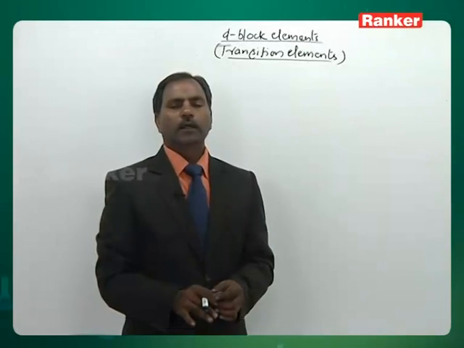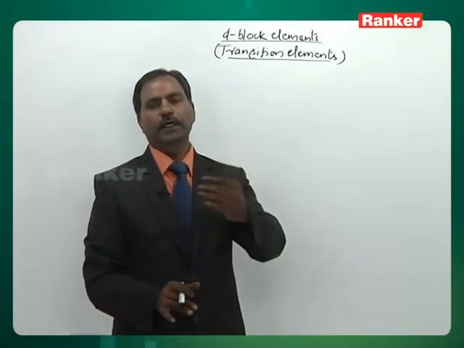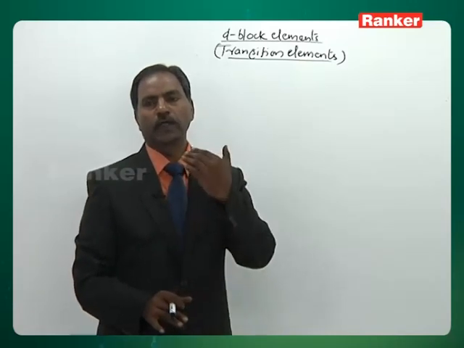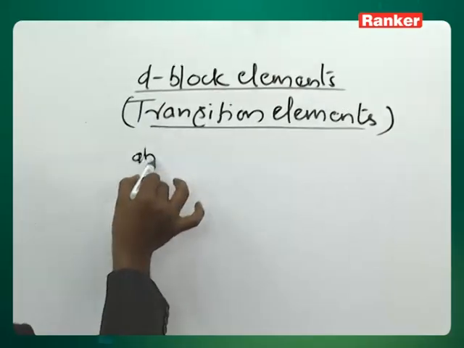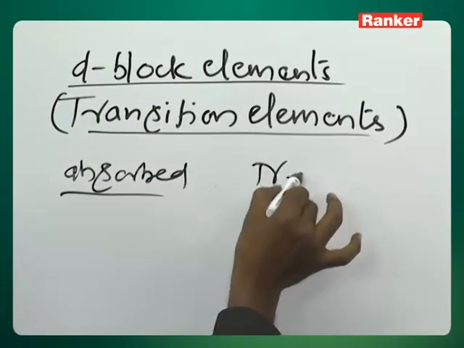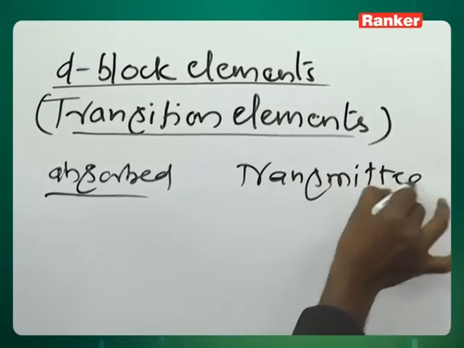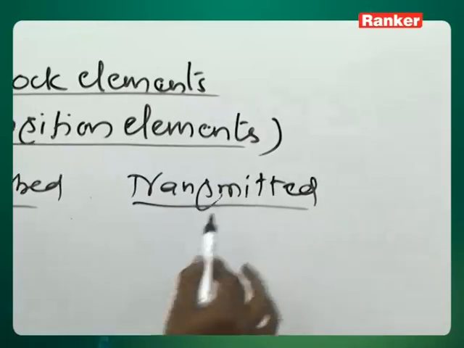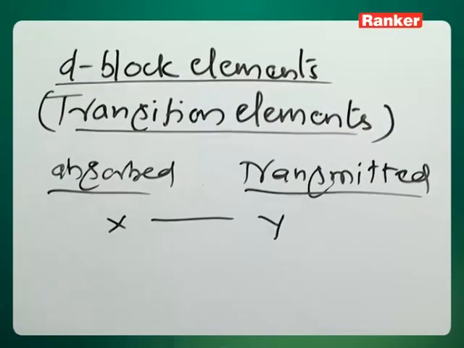Next, look here, there is a relationship between absorbed and transmitted colors. Let me write a small table of absorbed and transmitted colors. Consider X color is absorbed, Y color is transmitted.